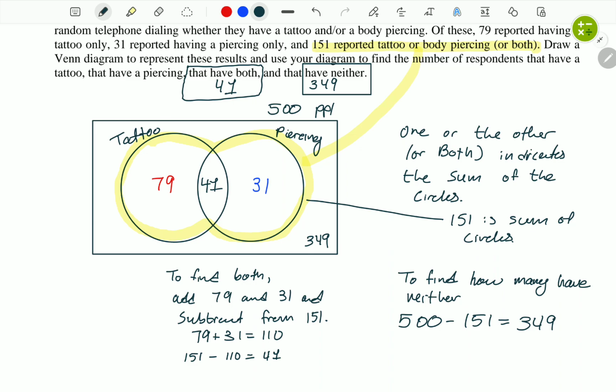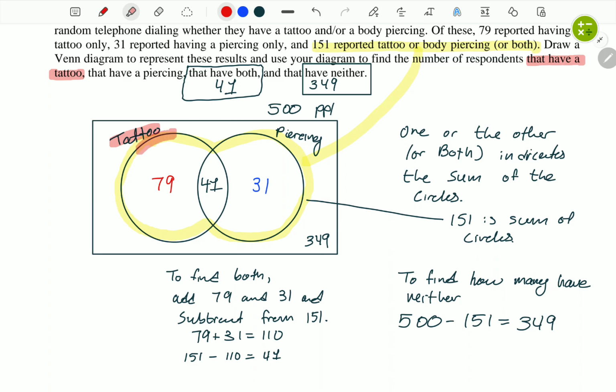Now we have to answer the first two. The number of respondents that have a tattoo. This says the number of respondents that have a tattoo. It didn't say tattoo only, because then that will be defeating the purpose of the question. That will clearly be 79. But when we say tattoo, this is general.